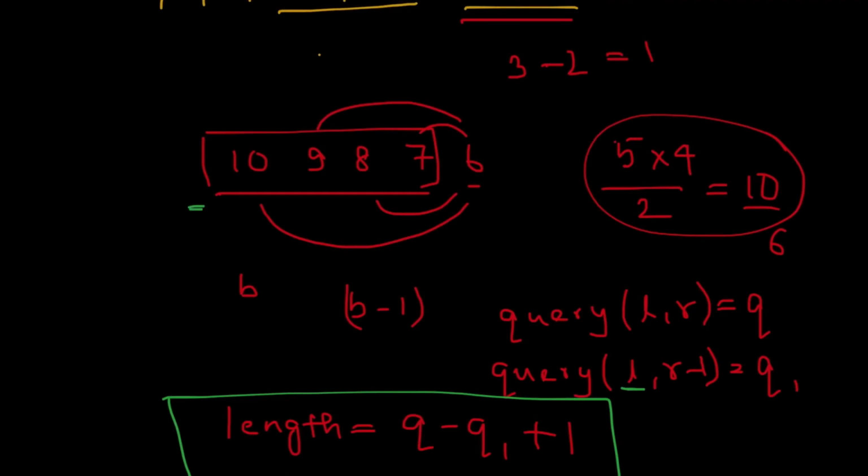L should denote the starting of that inversion, right? So here the query will ultimately give you the length for the whole reversed subsequence. So we will use these two observations now.